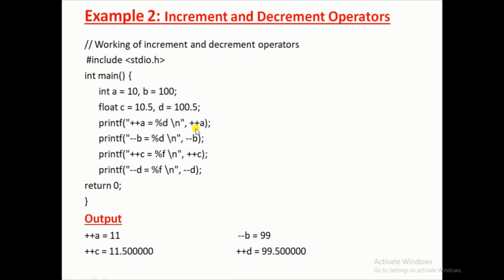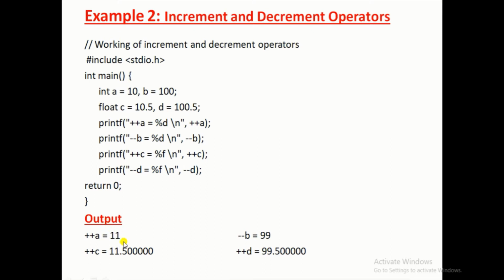In this printf function, at the initial state the value of a equals 10. After doing this increment operation, we get the value 11. Why? Because this increment operator increases the value of a by 1, so 10 plus 1 equals 11.